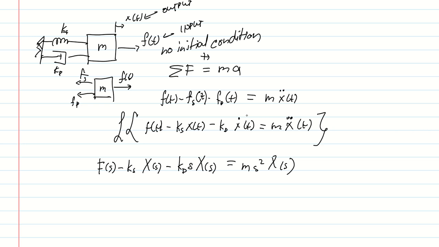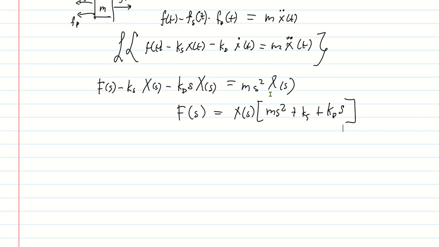So we can rearrange this now. F of s is equal to, we can factor out X of s. So we have m times s squared plus kd times s plus ks.